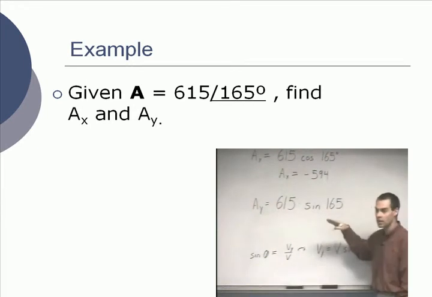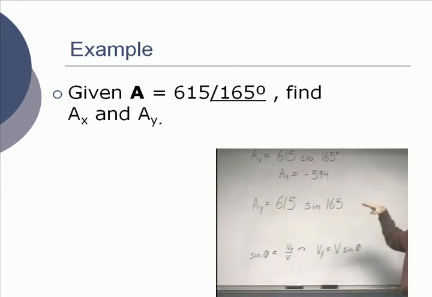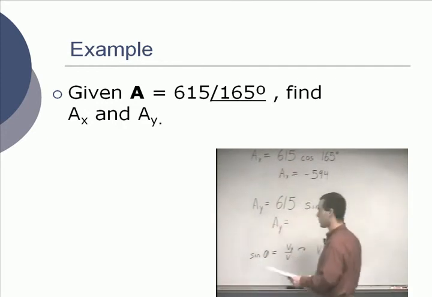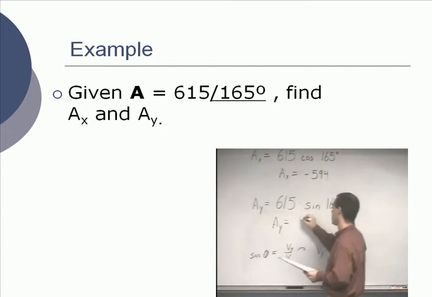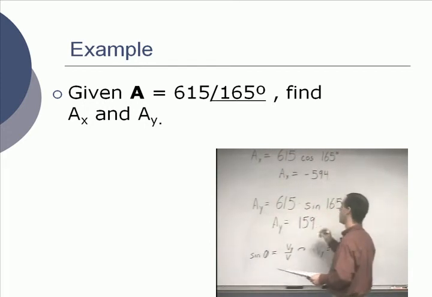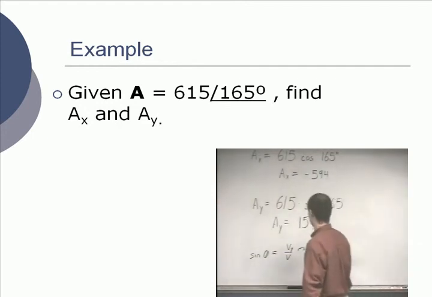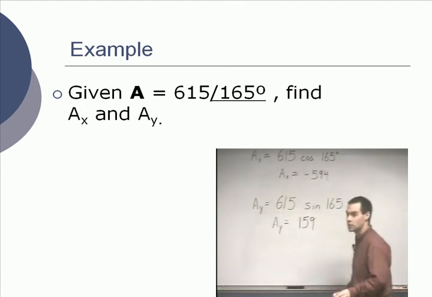Now it's pointing off to the second quadrant. That means it's pointing slightly upward, which means this ought to be positive, and it is. AY, that is the y component of A, turns out to be 159. And we're done. That's all there is to it. 2 quick steps, and we've got it converted. Or we found the components, I should say.